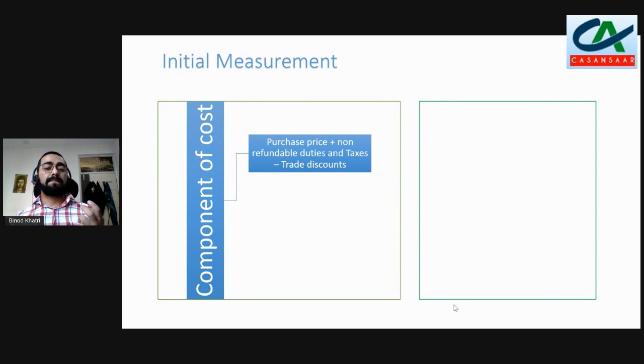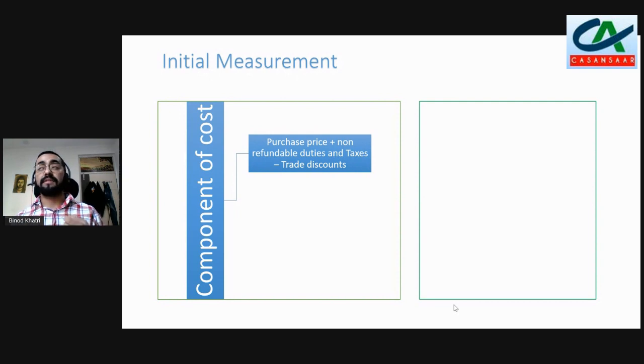For example, the purchase price of the AC is 30,000, and GST, we are assuming that GST is non-refundable, is, for example, 10%. 3,000 is GST and 30,000, total 33,000 is the cost of the AC, including non-refundable tax, which is GST.